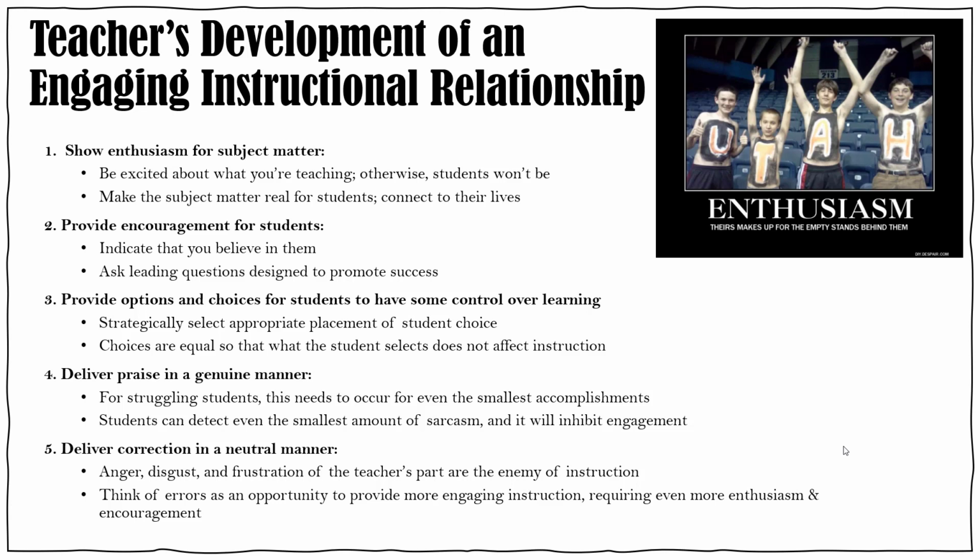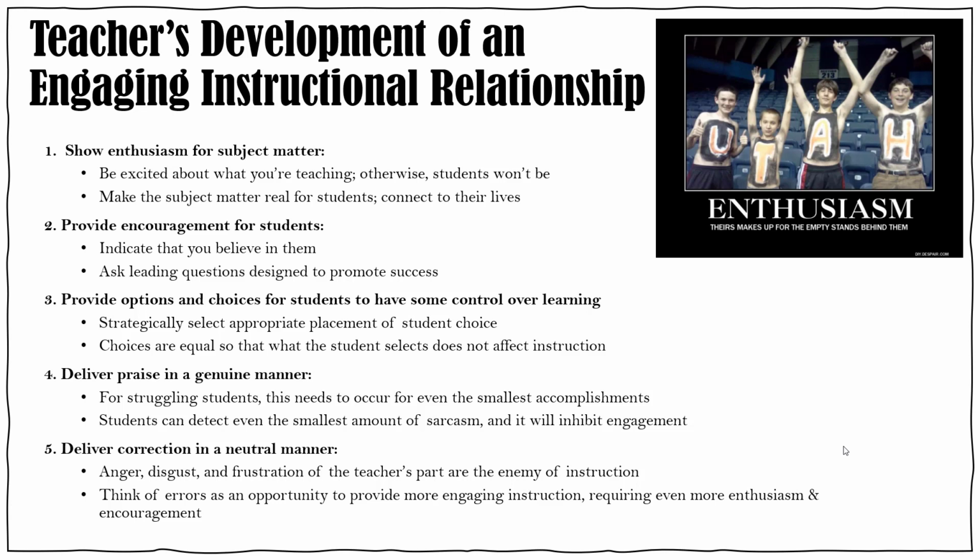And then if you are delivering a correction, make sure that you just deliver it in a neutral manner. So you don't want to act like you're really frustrated or you're angry with the student or anything like that. Think of it from the perspective of, an error is kind of a way to provide more engaging instruction. And if they get it right, then you can give that enthusiasm and encouragement.